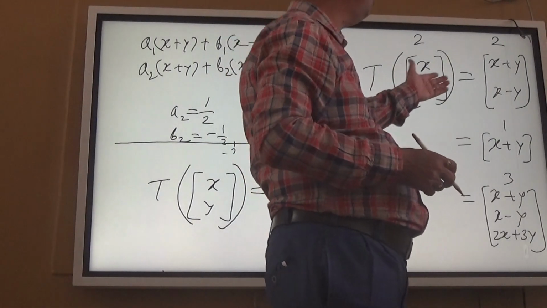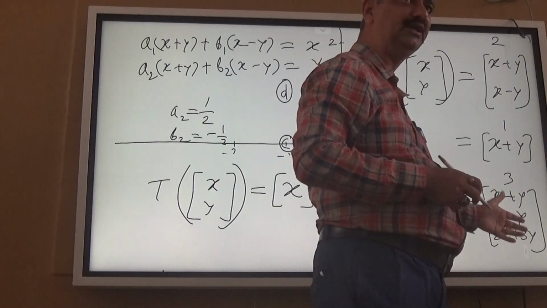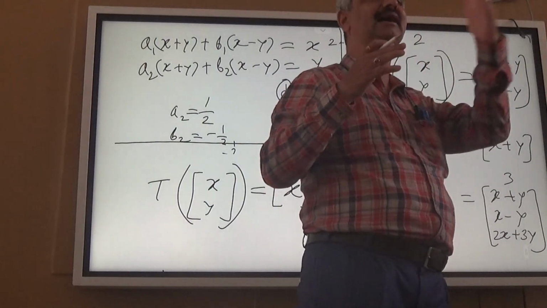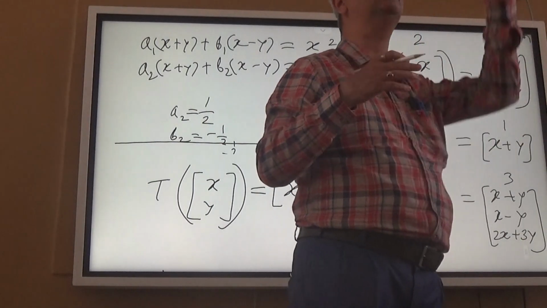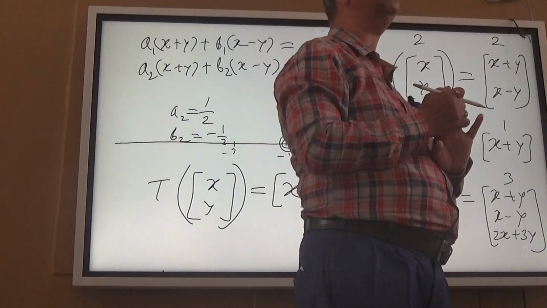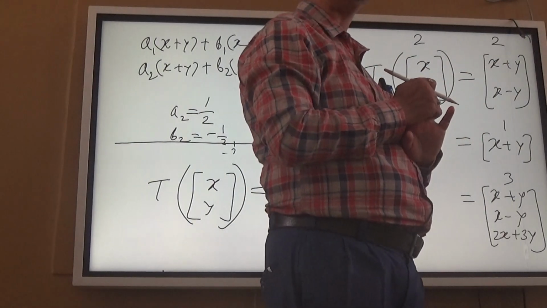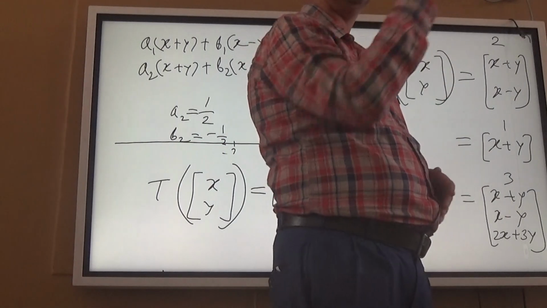So from 2 I can get 2, 1 or 3. From 3 I can get 3, 2 or 1 or even 4. For invertibility, we must have equal dimensions.